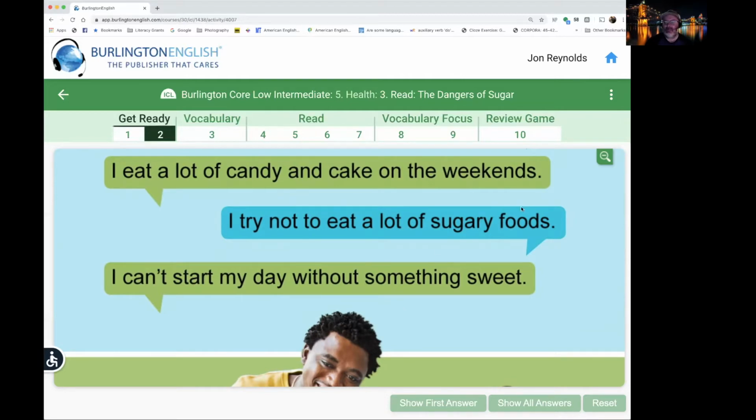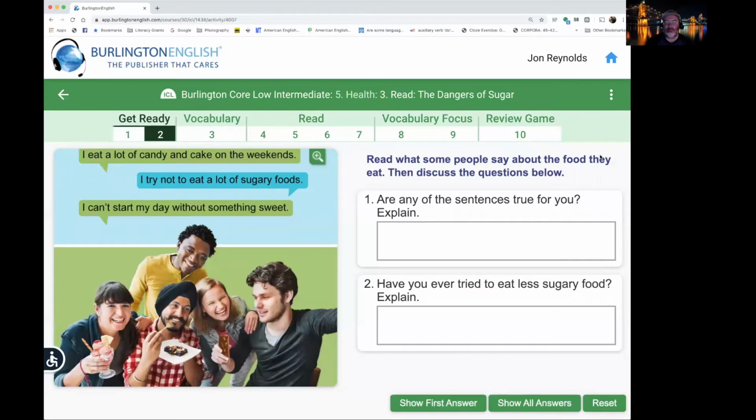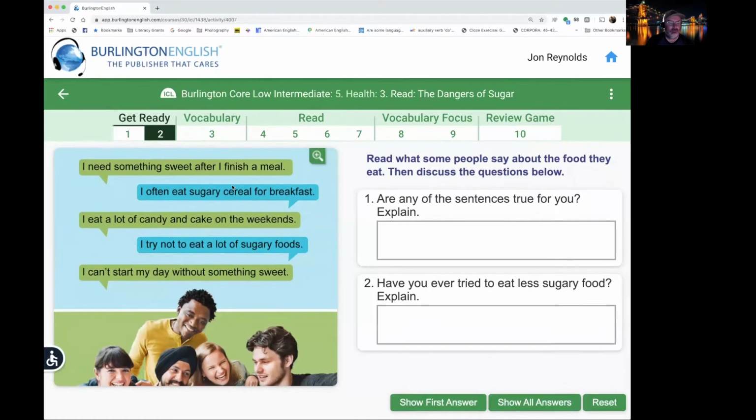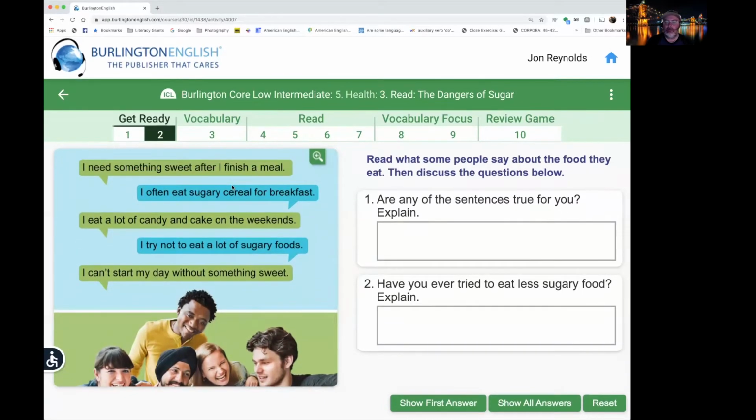Now, in this first activity that we're going to do together, it says here we're going to read what some people say about the food they eat. So again, we've looked at a few sentences here. The first question asks, are any of the sentences true for you? Well, as I look at these choices, boy, I like sugar.